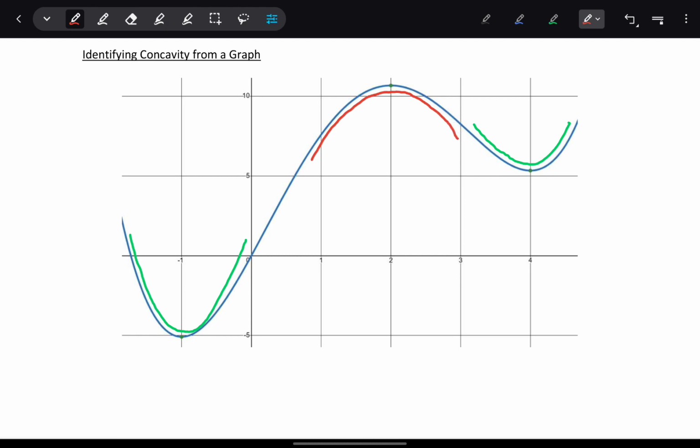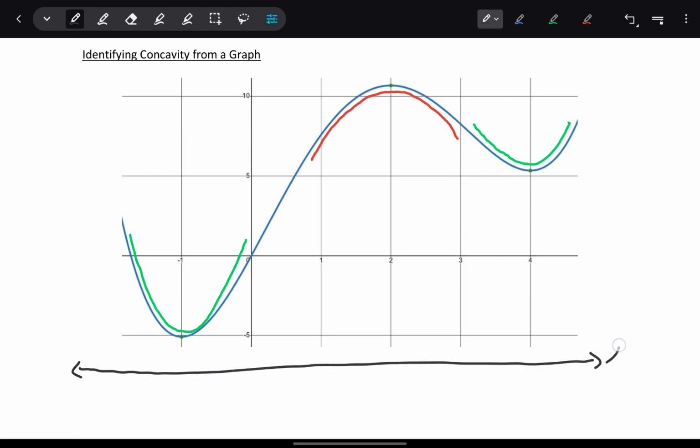So the direction of that curve, the way the curve opens, either up, like we see at the first interval and the third interval, or down, as we see in that second interval, means that we have different values for concavity. To understand concavity, we look at the second derivative of a function.